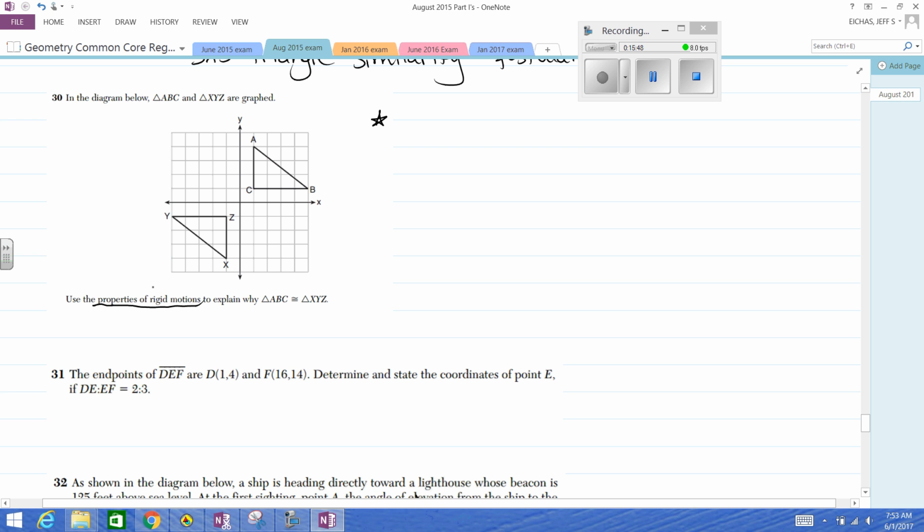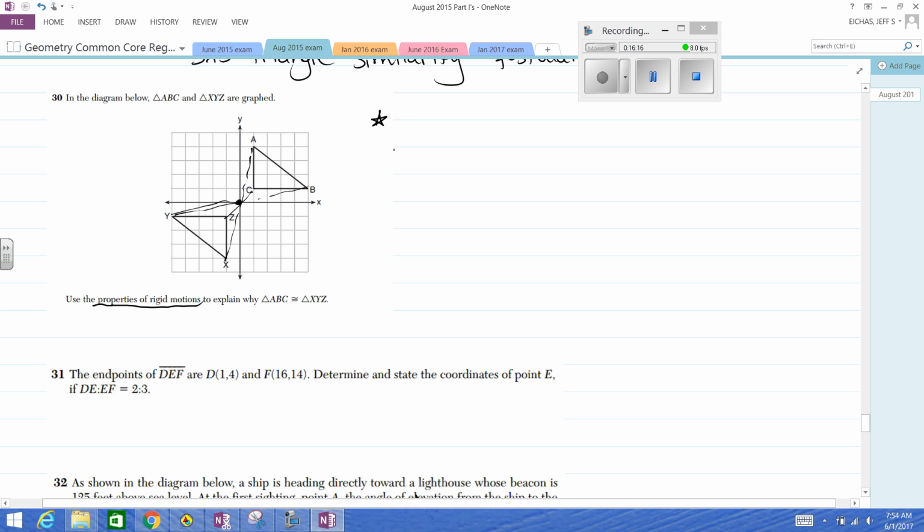Okay, so what we want to do is find a sequence of rigid motion transformations that will map ABC onto XYZ. Now to me, it looks like a 180-degree rotation, and it is. And the center of that appears to be the origin. Okay, so let's do that. Yeah, that's definitely going to be the one.